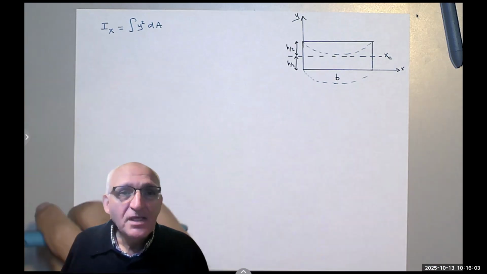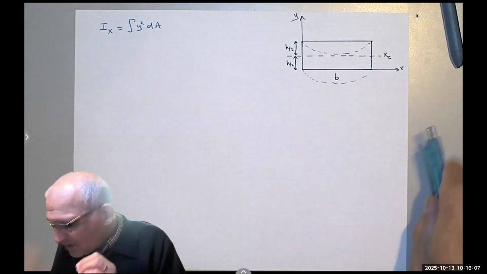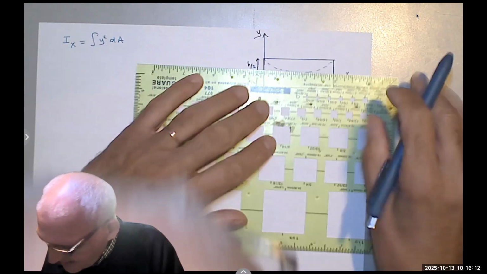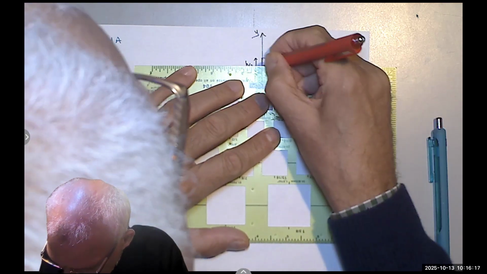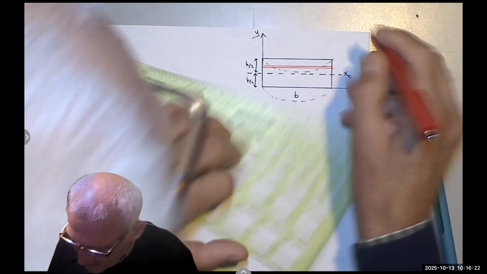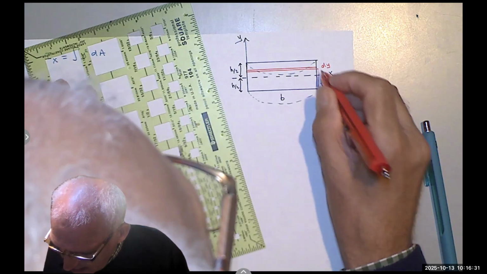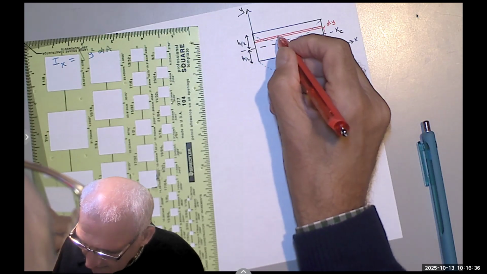First of all, you already learned what dA is, which is the area of a small element of height dy. So if I take a small element of height dy that is y away, the perpendicular distance is y from the x-axis, then dA is the area of that element.